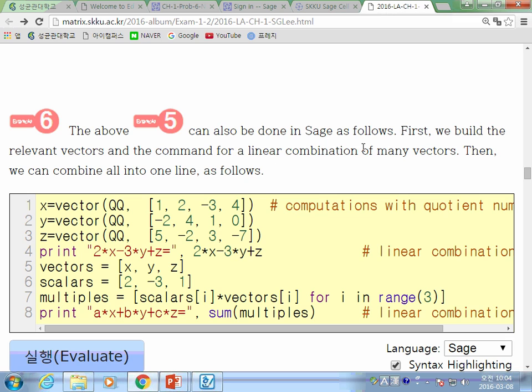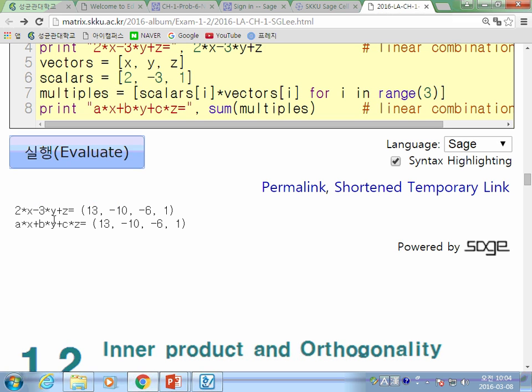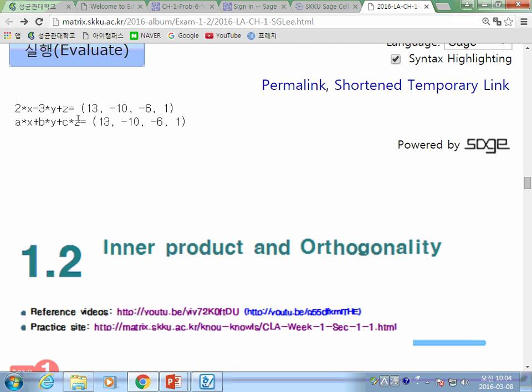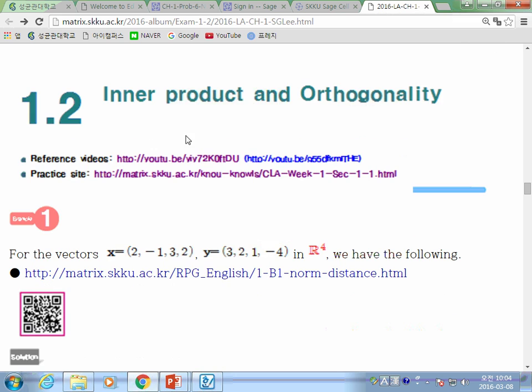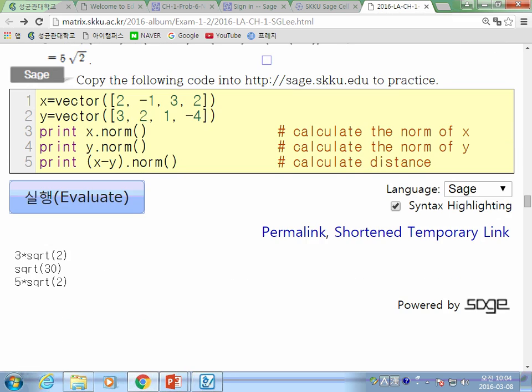And with those vectors, you can find the linear combination of the vectors. You can find the inner product and orthogonality. You can find the norm of the vectors, so this will be used to find the shortest distance later.